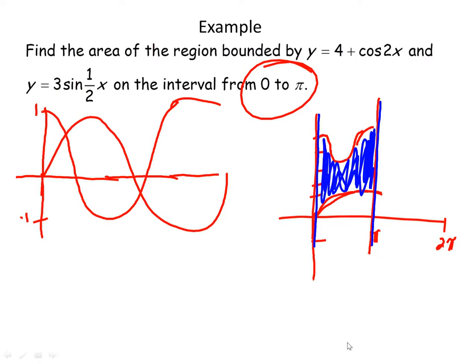So which one's going to be the top? The one that shifted up 4. So as long as you know your shifts, you should know which one's on top and which one's on bottom. So without the graphs, you don't have to graph it.